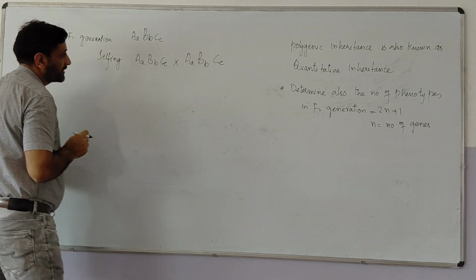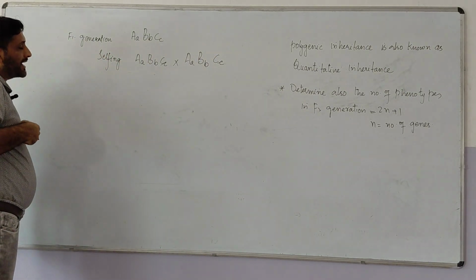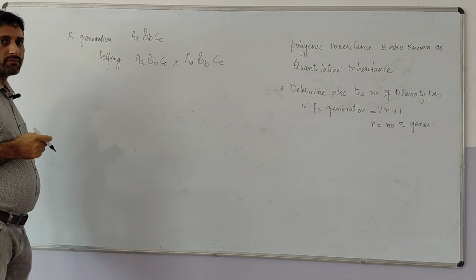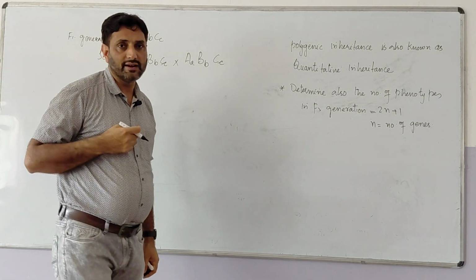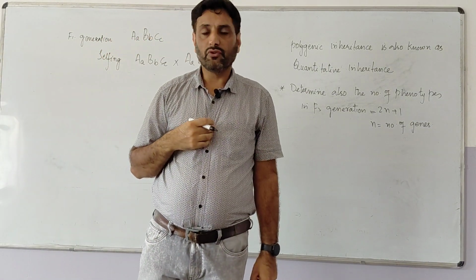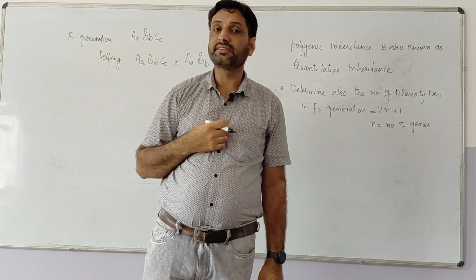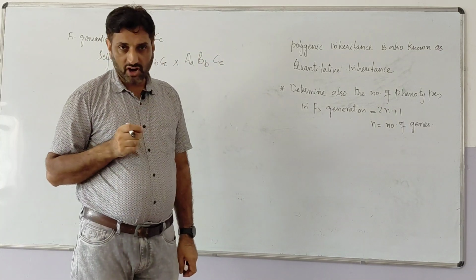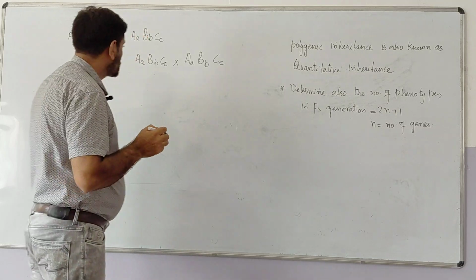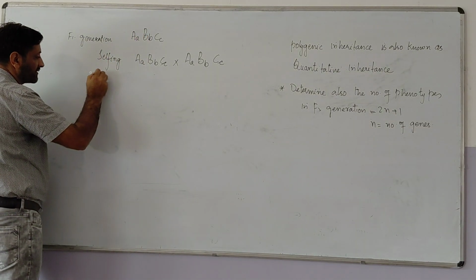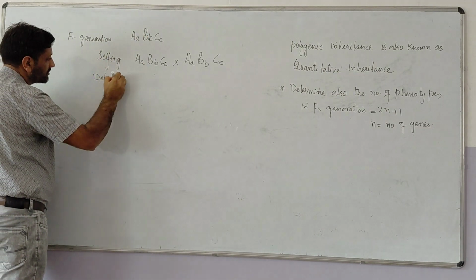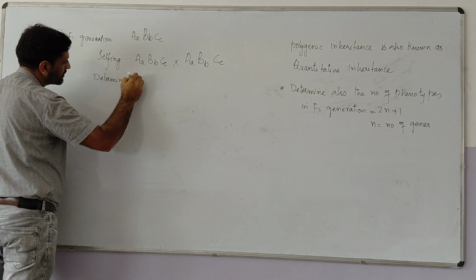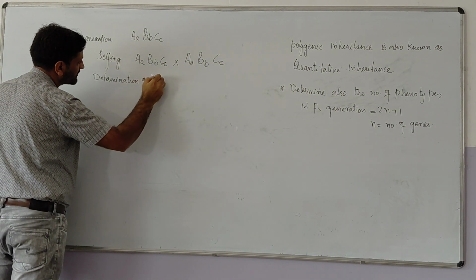This is the selfing. Now, let us form the gametes. Gamete formation is very difficult here, but I will tell you the formula to determine the gametes. First, we will determine the gametes by utilizing the formula. So, how to determine the gametes?